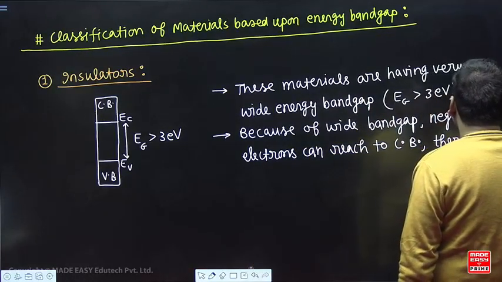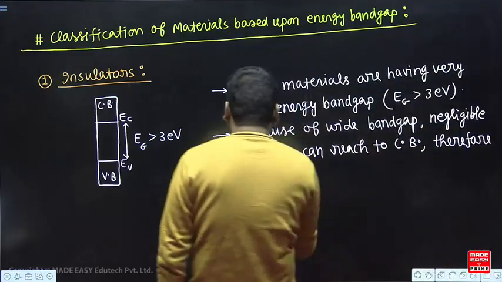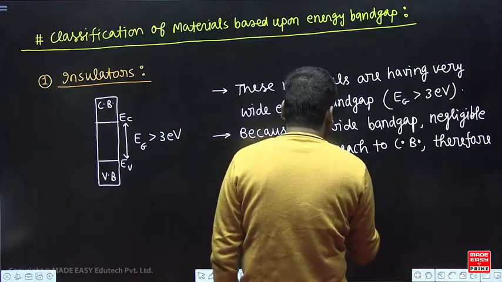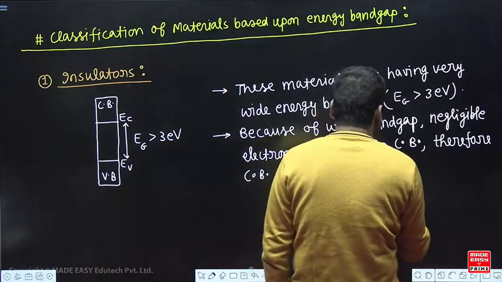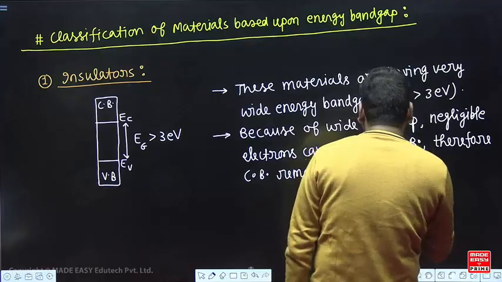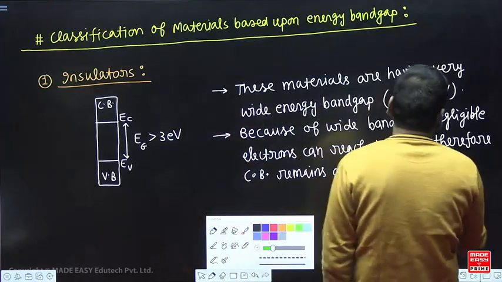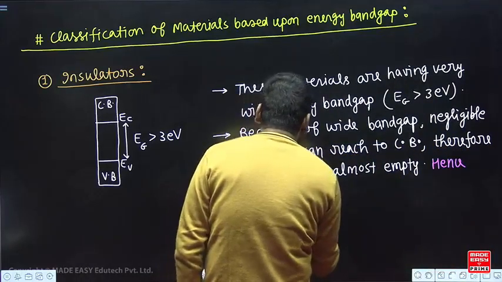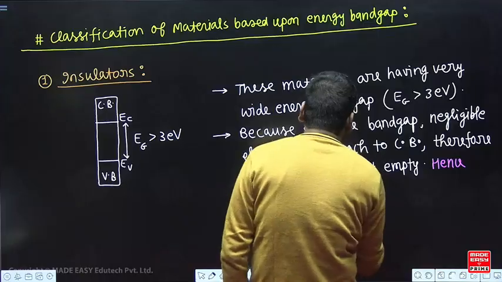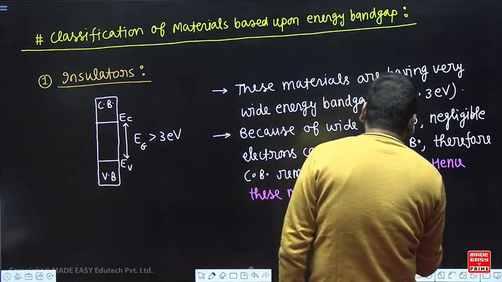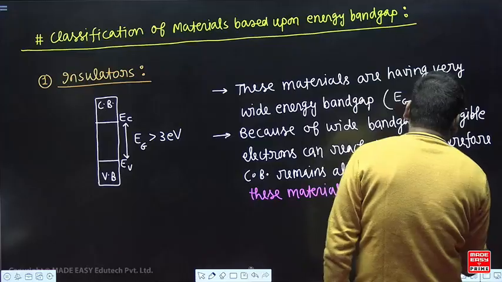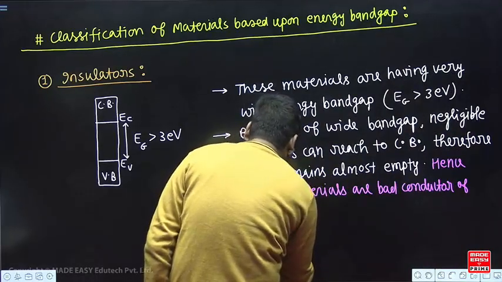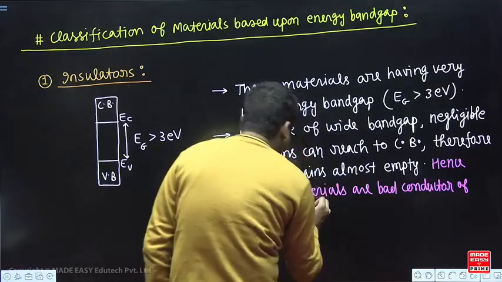Therefore, the conduction band remains almost empty. Hence, these materials are bad conductors of electricity, which you call insulators, because they do not have free electrons.